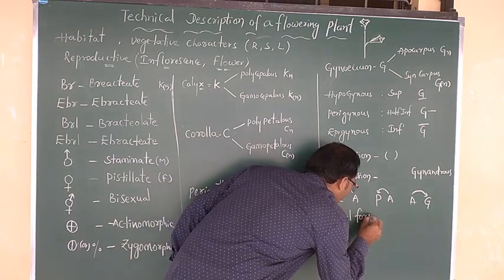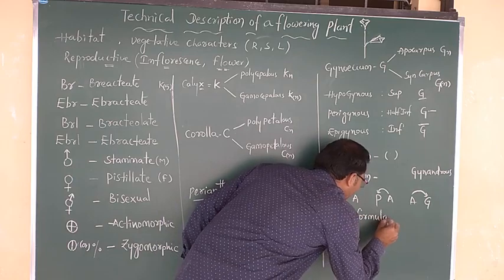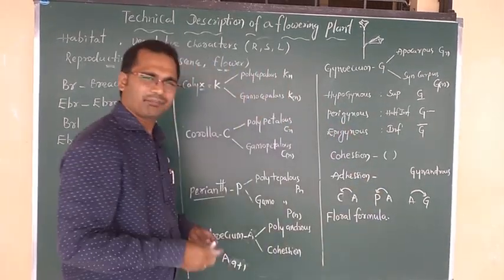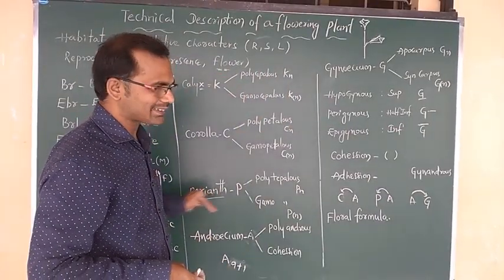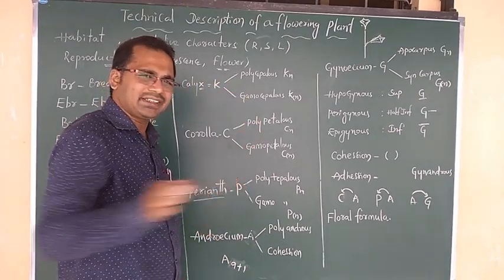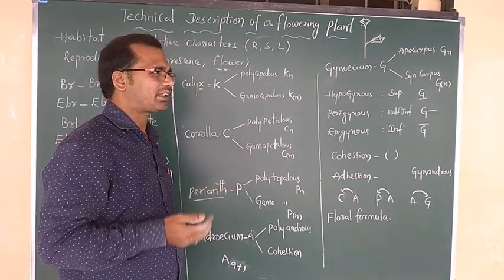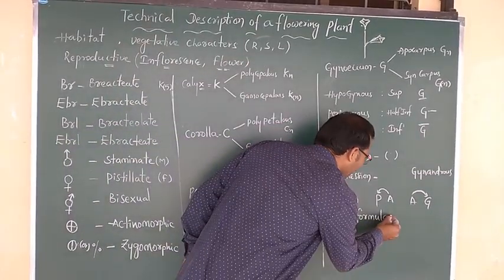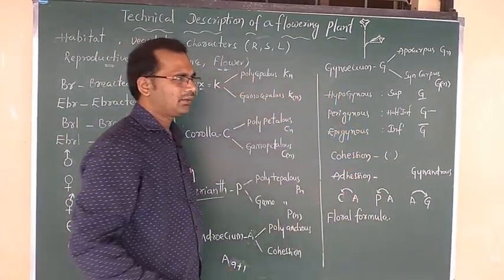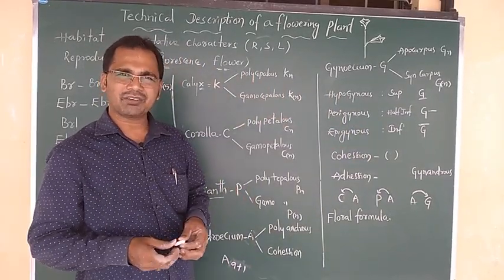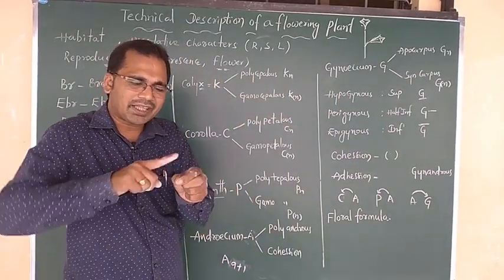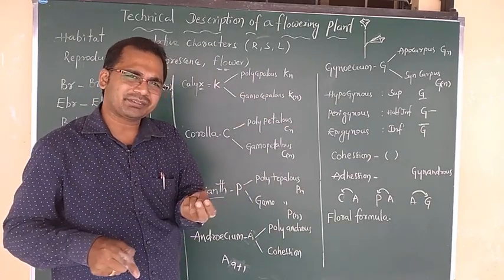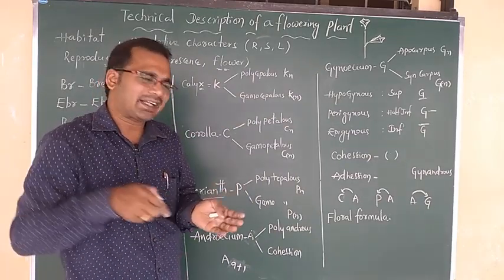Floral formula. What is the meaning of floral formula? With the help of these symbols, we can write how many sepals are present, how many petals are present. We call that floral formula. But take a floral bud. At bud time, you cut the transverse section and draw a diagram.